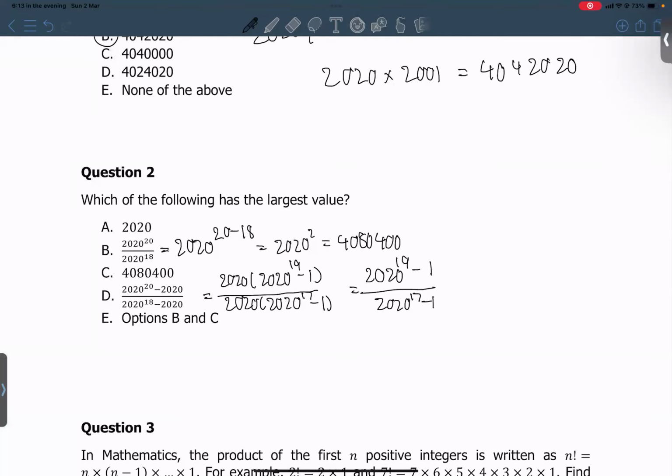To continue this problem, you add a value and subtract back that value. So from this, you will add and subtract 2020 squared in the numerator.